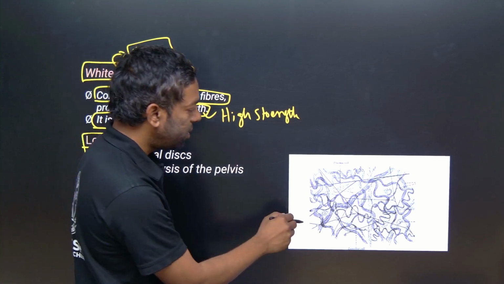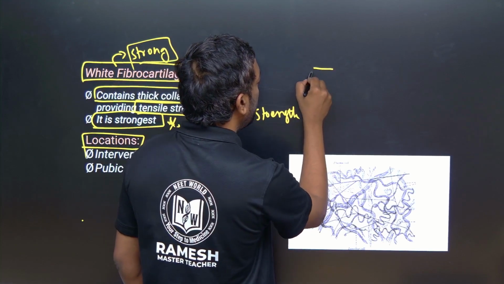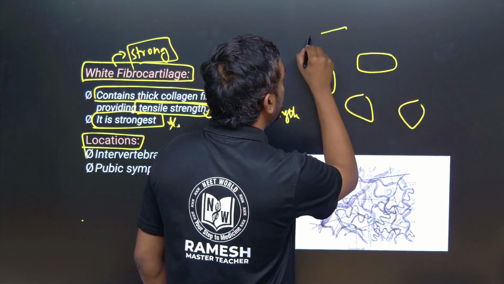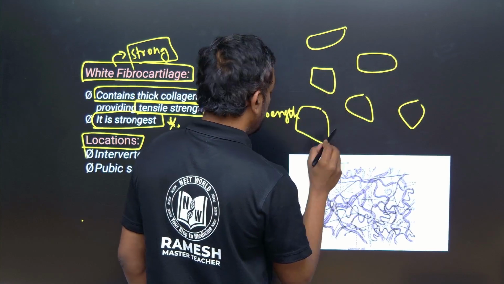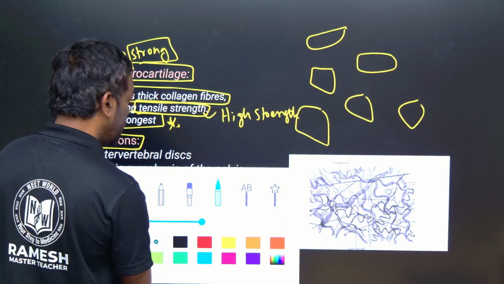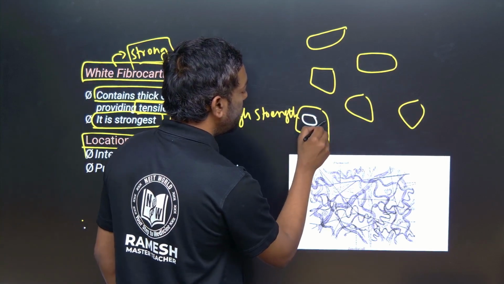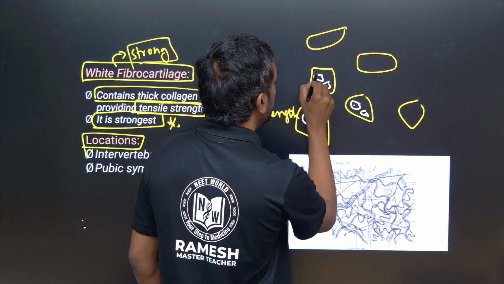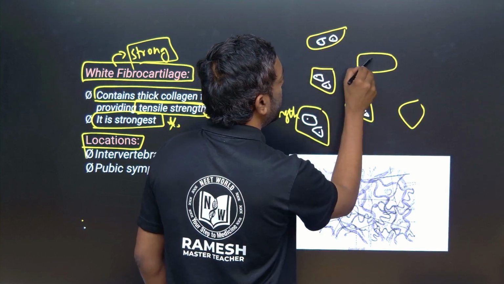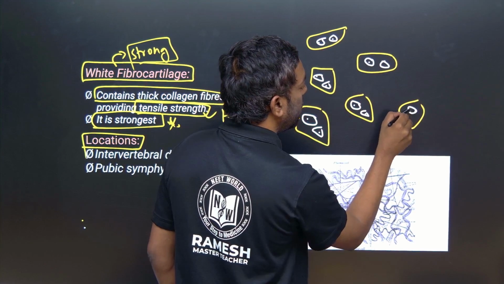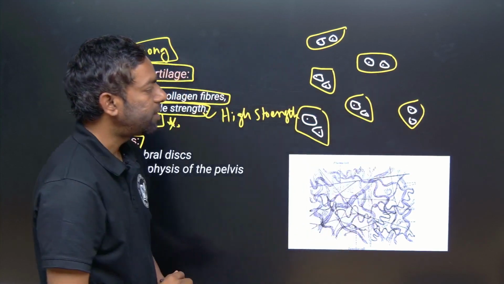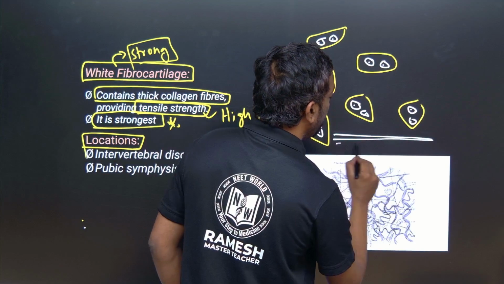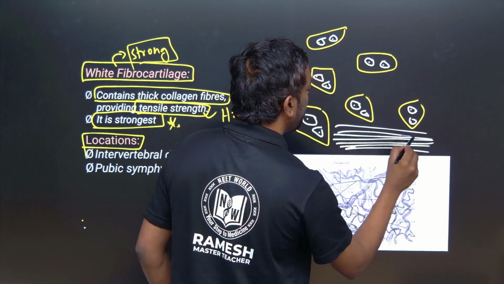Guys, just look at this. I'm going to take a tissue, white fibrous cartilage tissue. This is the cartilage. These are the cells, lacunae cells. White fibrous means there are continuous fibers in the matrix, full of fibers.